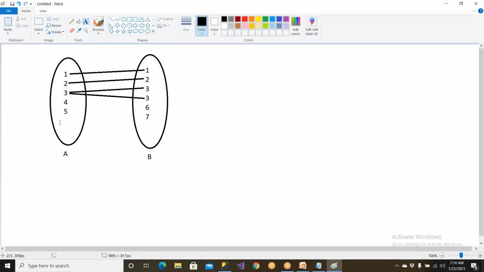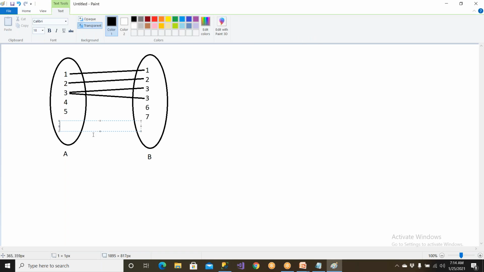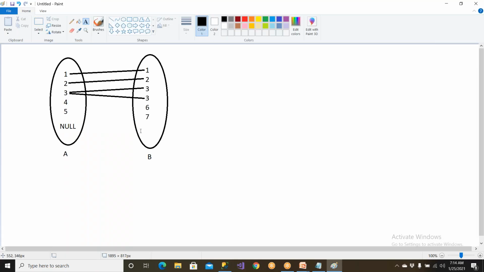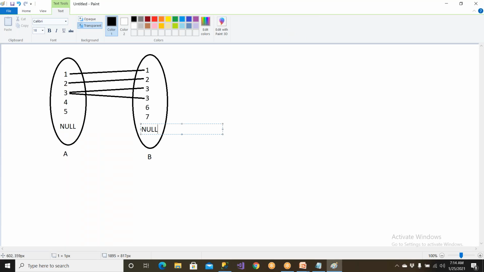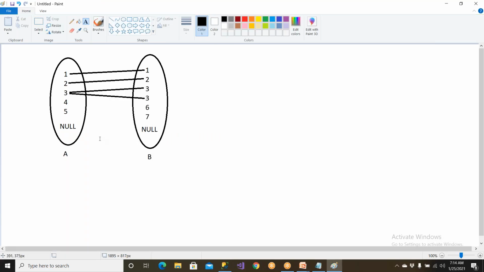If I have a null here, what do you mean by null? Null means a blank value, right? If I have a null there, I can also have one more null here. Can I say this null and this null are equal? Null means unknown value, blank value. If I don't know the answer, that means it is blank or unknown.